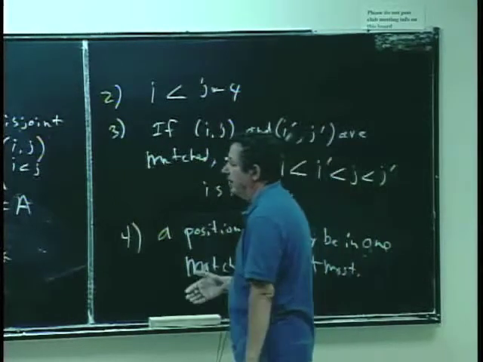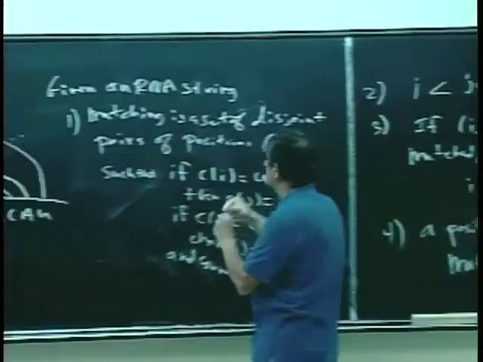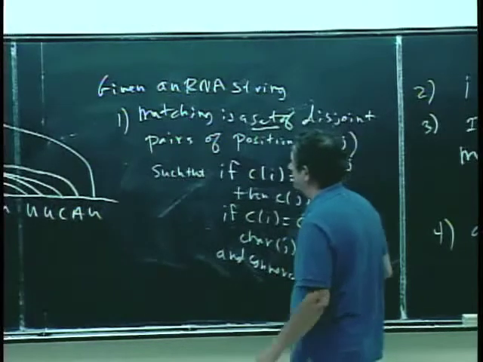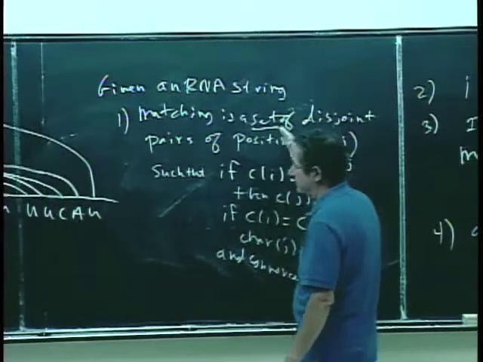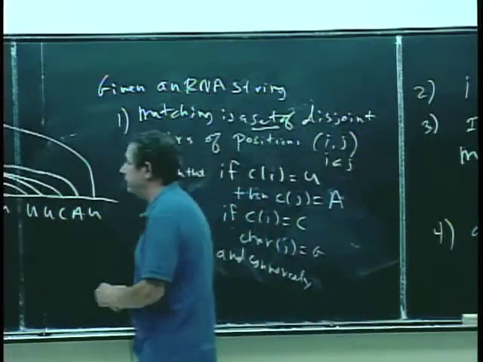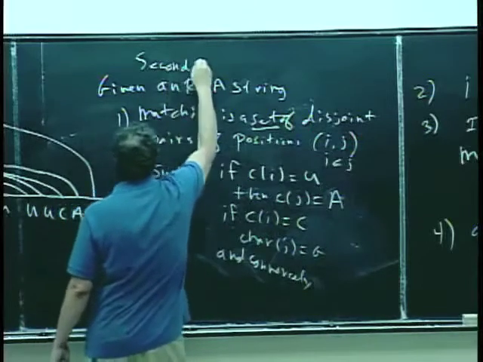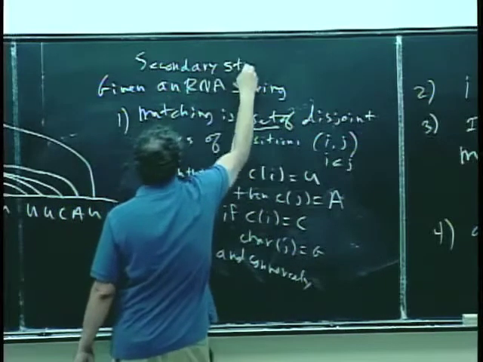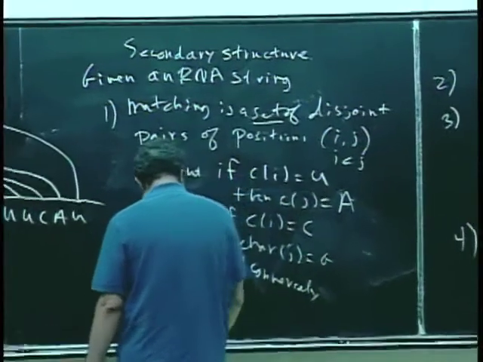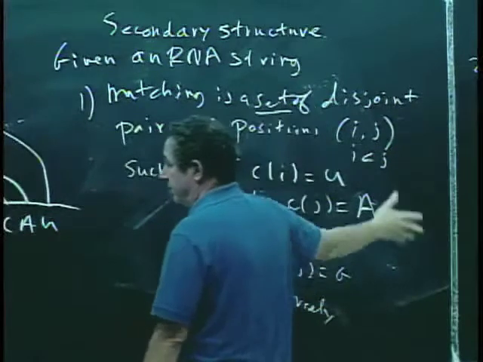A set of pairs that satisfies all these conditions is called a secondary structure. So a secondary structure is a set of matched pairs that satisfies all of these conditions.